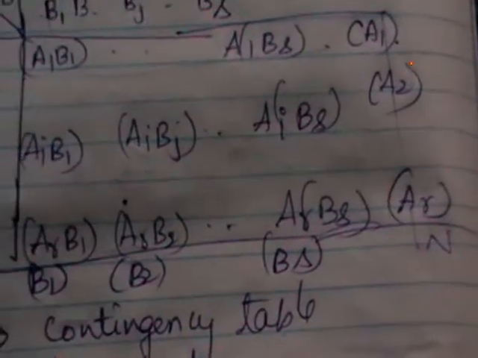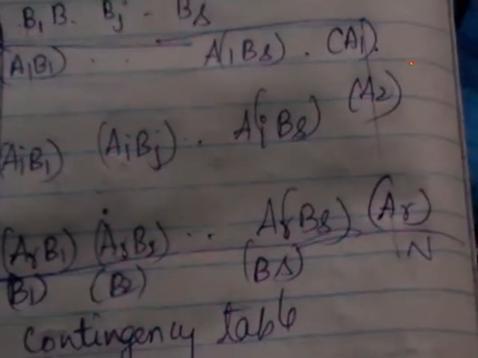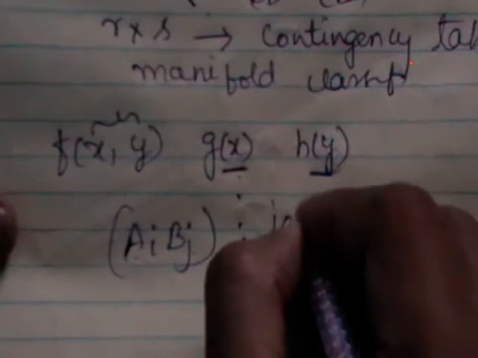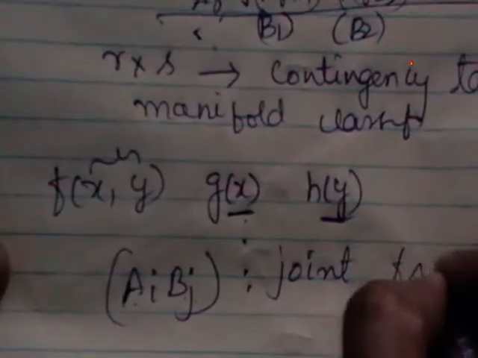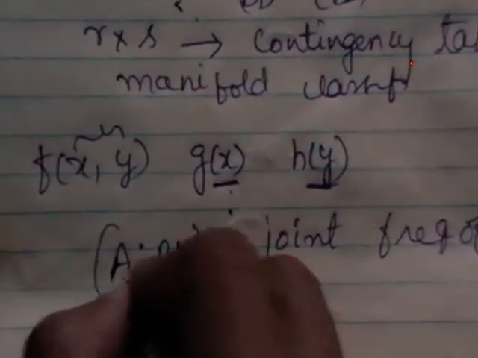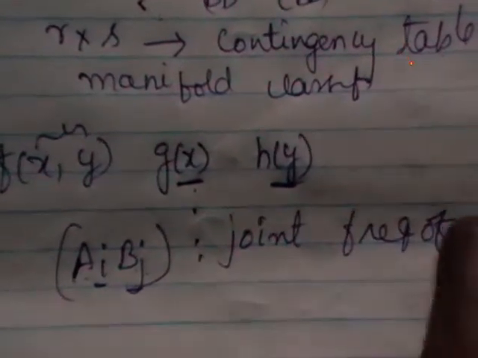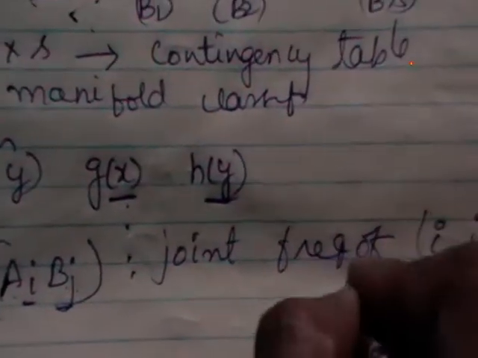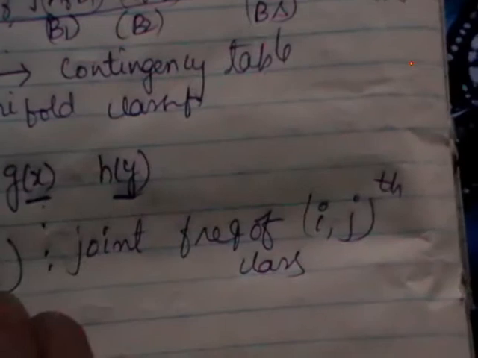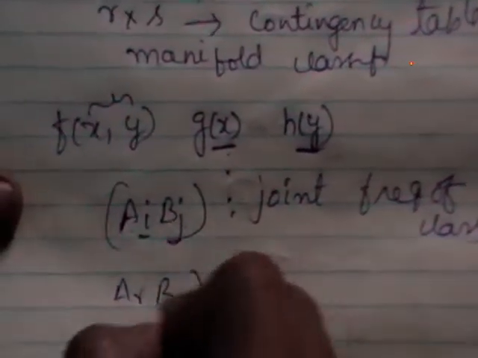So ai bj, where we have both a and b, we call this the joint frequency of the ith comma jth class. What do you call ar bs?